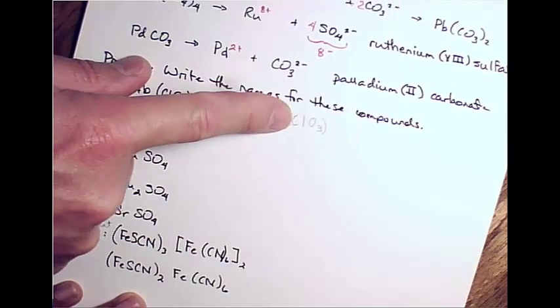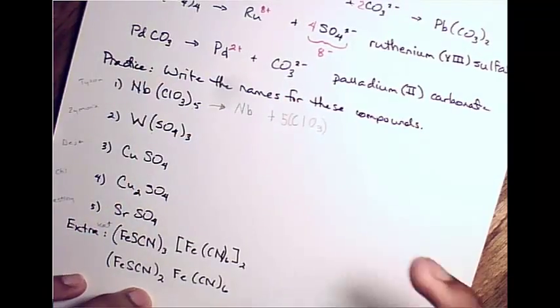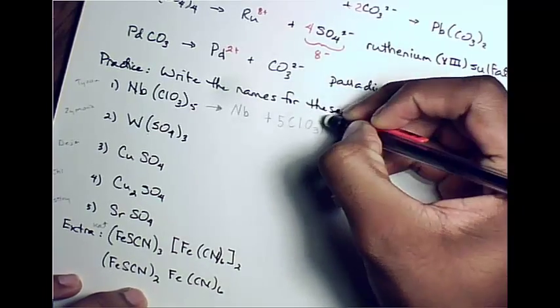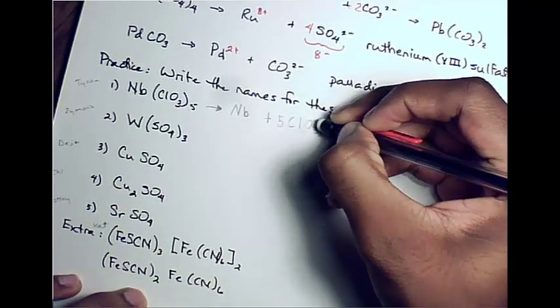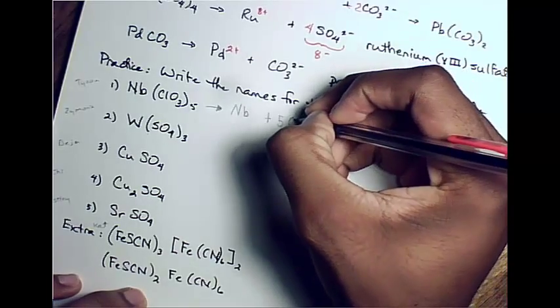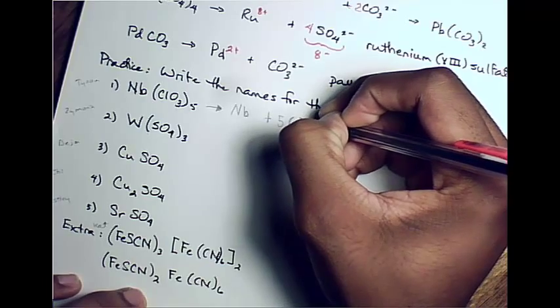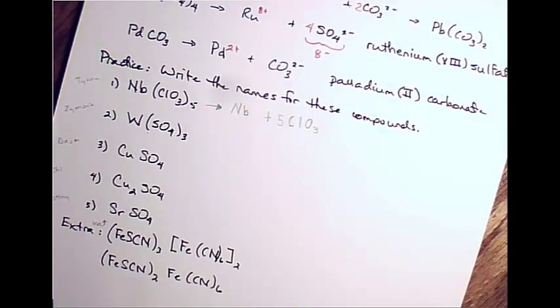Since I'm putting a 5 in front, I don't need the parentheses. I would on a test, yes. So listen. When you have a polyatomic ion and there are 5 of them with a large number 5 out in front in the coefficient position, then you don't use parentheses to show there are 5 of those. Got it?